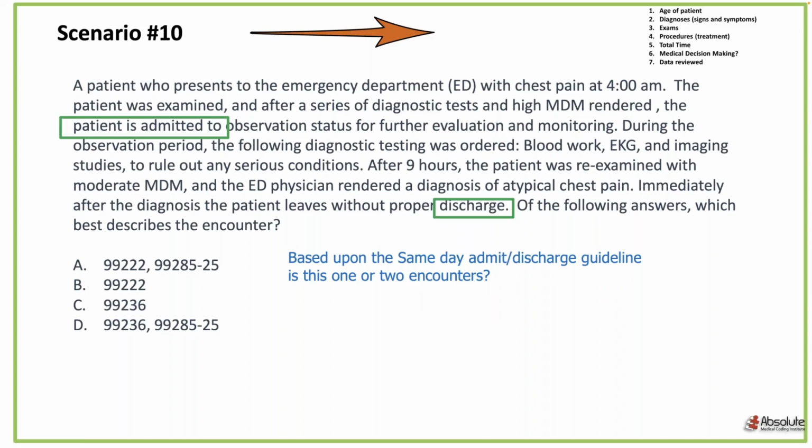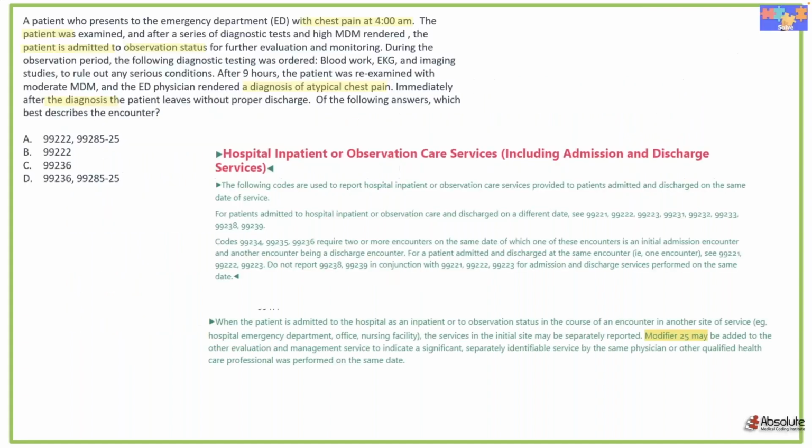Go ahead, type your answers in the chat. No, it isn't. This is not a proper discharge. So, this is one encounter. Although the patient was there, admitted, and left on their own, this is one encounter.